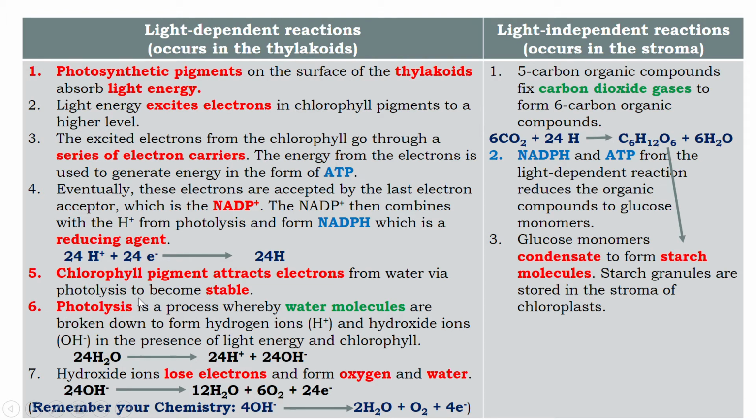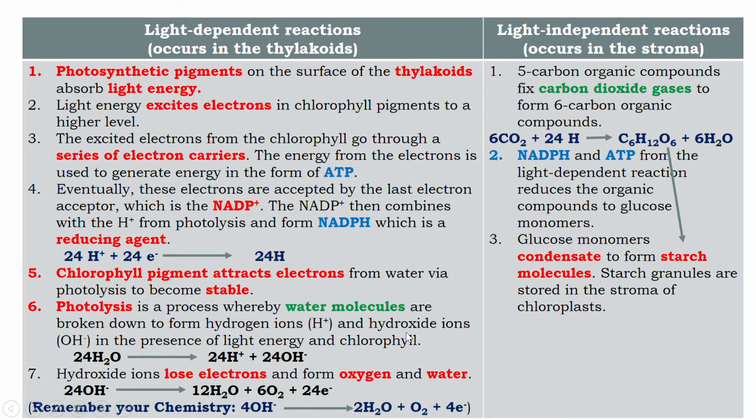From the name itself, you can define that it's a process. A process of what? Of water molecules. What happens to the molecules? They are water molecules. They are being lysed, or broken down. Forming what? Hydrogen ions, hydroxide ions. Must be in the presence of light. Okay, who absorbs it? Chlorophyll.